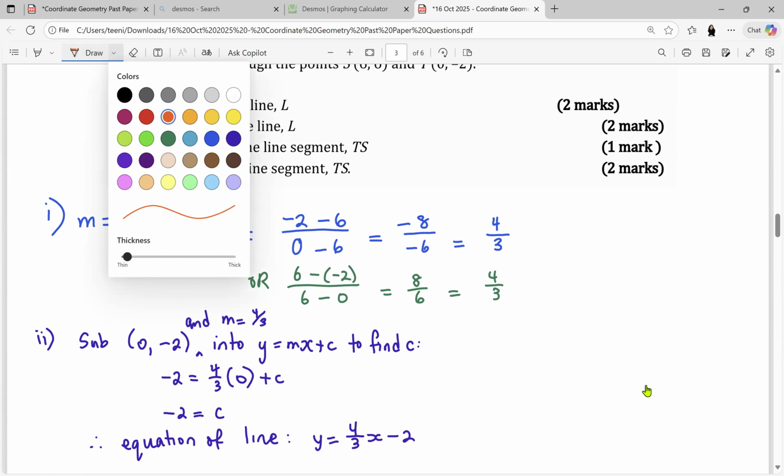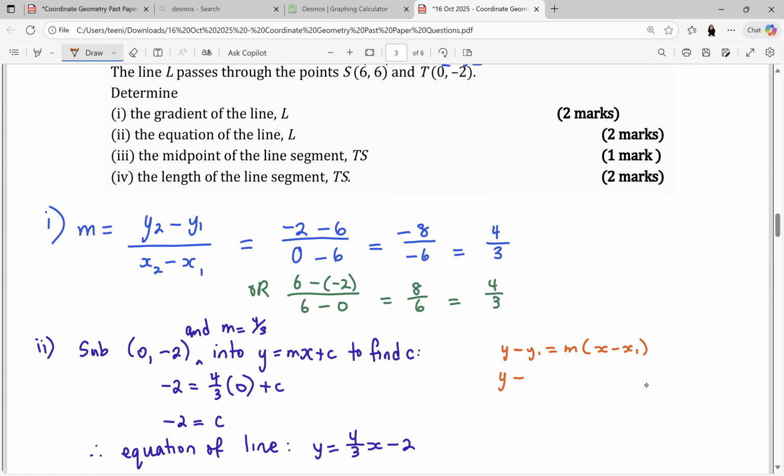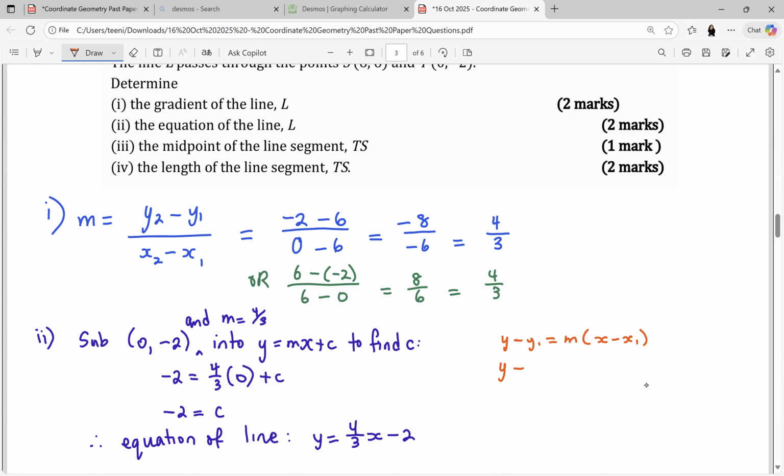Or the second method is to substitute any one of the points and the gradient into y minus y1 is equal to m by x minus x1. All right? So this would mean you're replacing y1, m, and x1. Actually, let's use the point 6, 6, just to show you all that it doesn't matter, right?